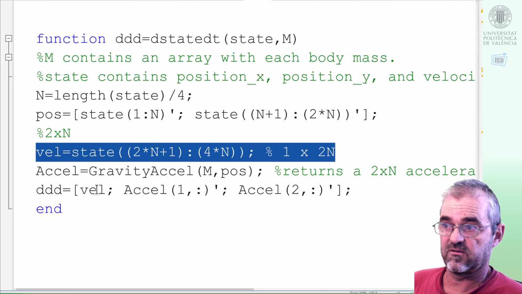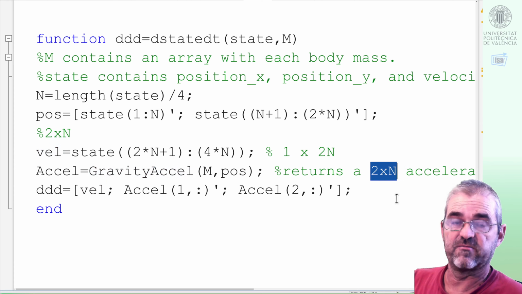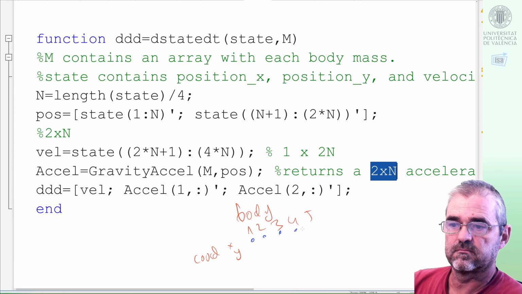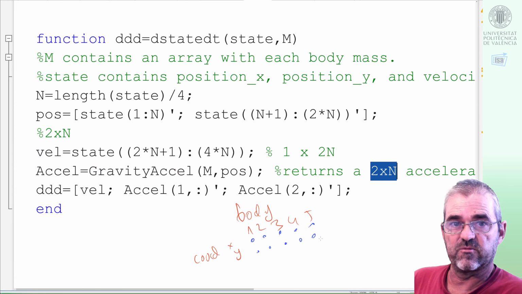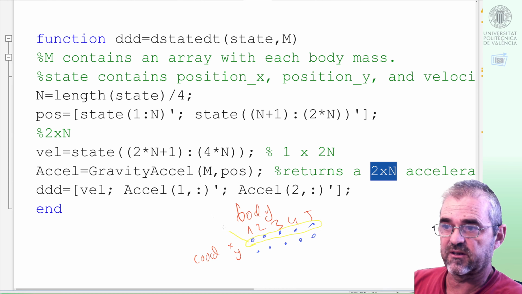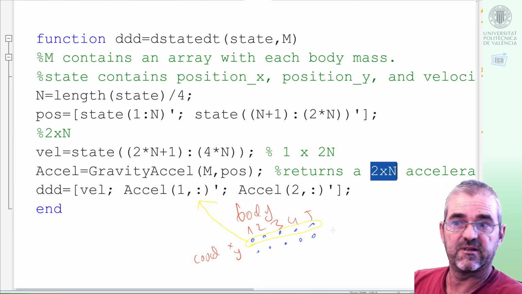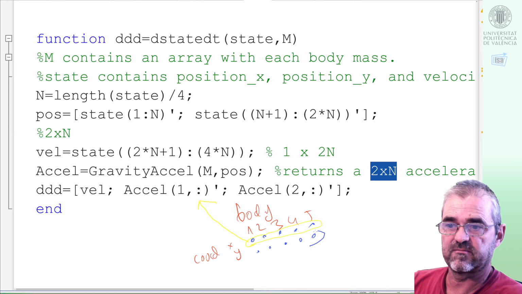But acceleration will return for me also a 2 times n acceleration array, which again I will assume is arranged in this way. So that's why I take this row and transpose it to put it here, and likewise I do that with the y coordinate.